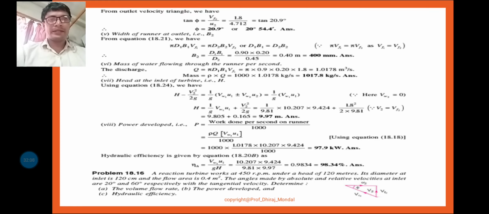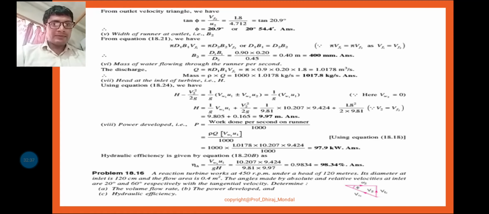Okay, so H minus V2 square by 2G is equal to 1 by G (VW1 U1 plus minus VW2 U2), and as we know that beta is equal to 90 degree, that is your discharge is radial. So VW2 easily I can say VW2 is equal to 0 because it is flowing radially, or beta is equal to 90 degree.